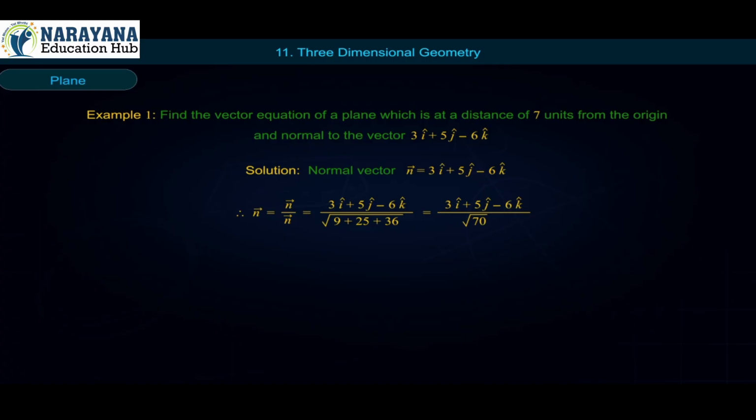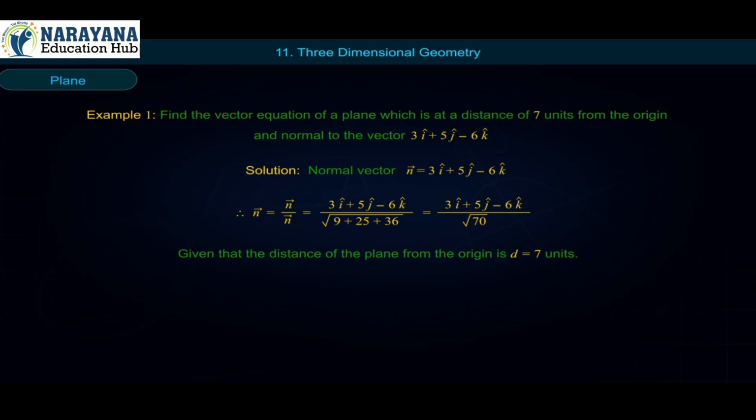Therefore, n cap is equal to vector n upon modulus of vector n, which is equal to 3i cap plus 5j cap minus 6k cap upon square root of 9 plus 25 plus 36, which is equal to 3i cap plus 5j cap minus 6k cap upon root 70.